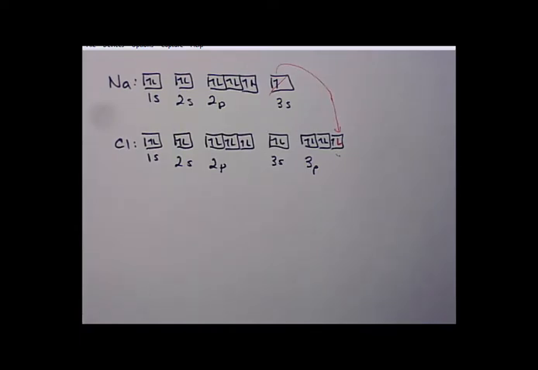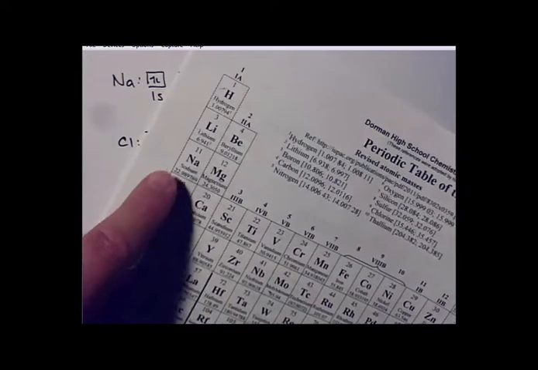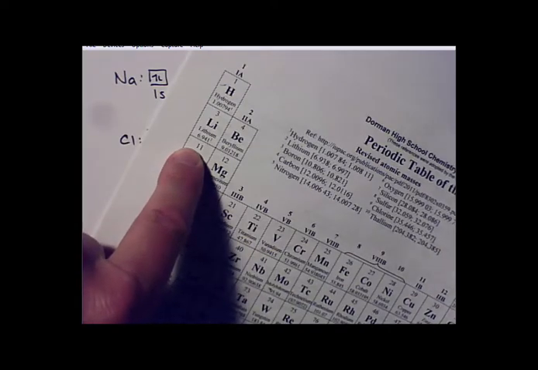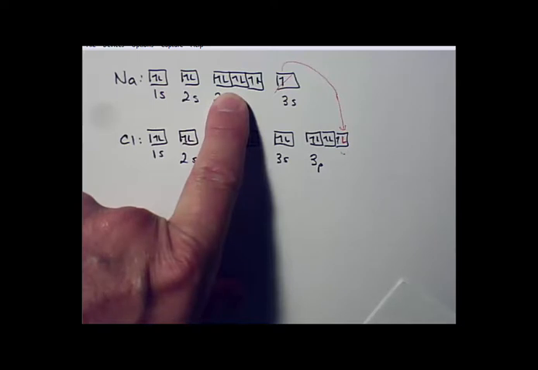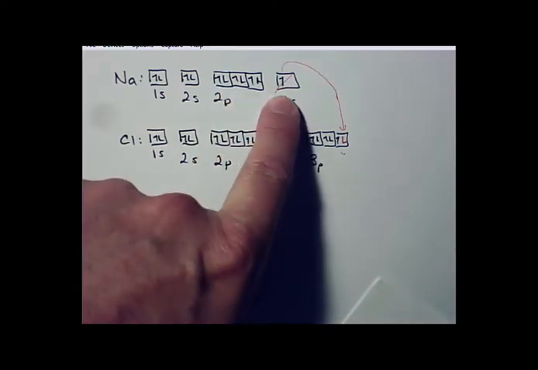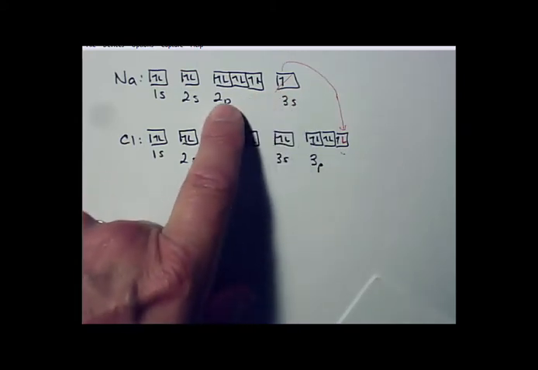What we have here is we've taken an electron away from sodium, okay? The atom of sodium originally had 11 protons and therefore 11 electrons. But it lost its electron on the outer energy level. What does that mean? It's got one more proton than electrons now in this form.